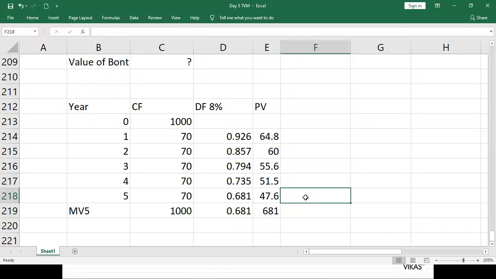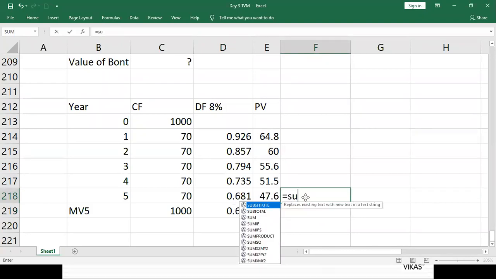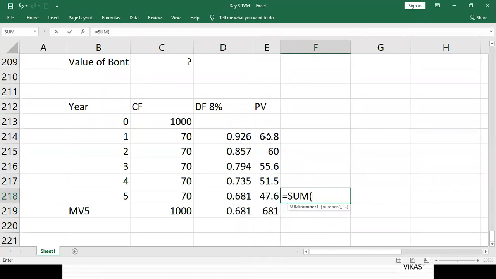Then now we will get the total of these values. How much? Then what is the value?